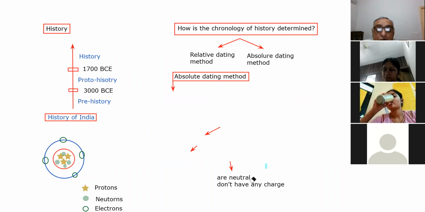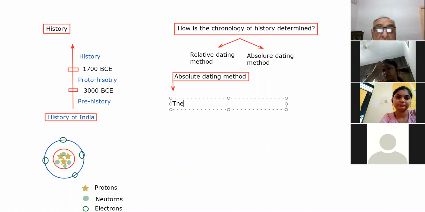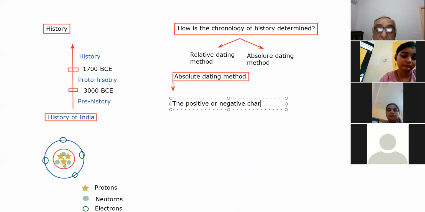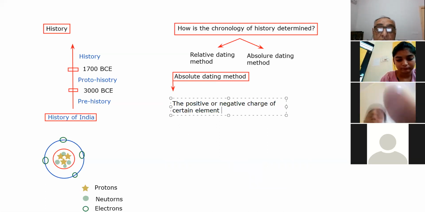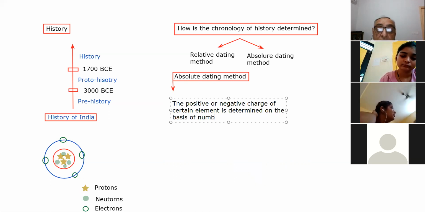So now the next point is that the positive or negative charge of a certain element is determined on the basis of the number of protons and electrons, right?